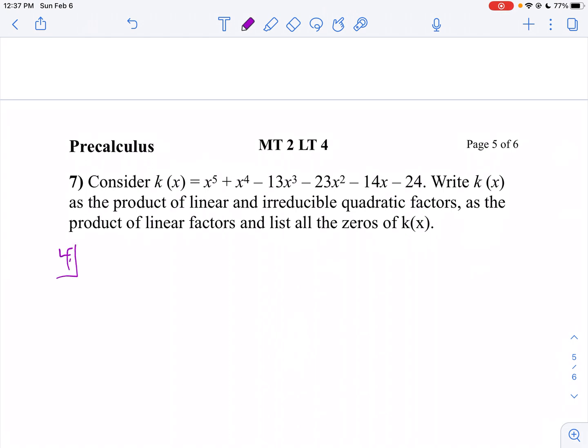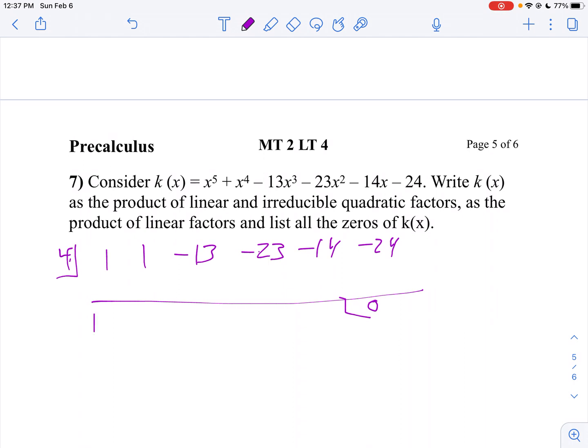So then I'm going to go 4. I've got 1x to the 5th, 1x to the 4th, -13x cubed, -23x squared, -14x, and -24. I think one of my roots should be 4, and I'm hoping this is 0 at the end.